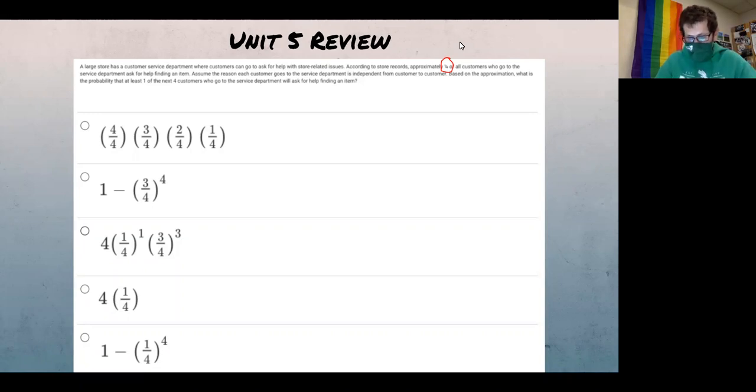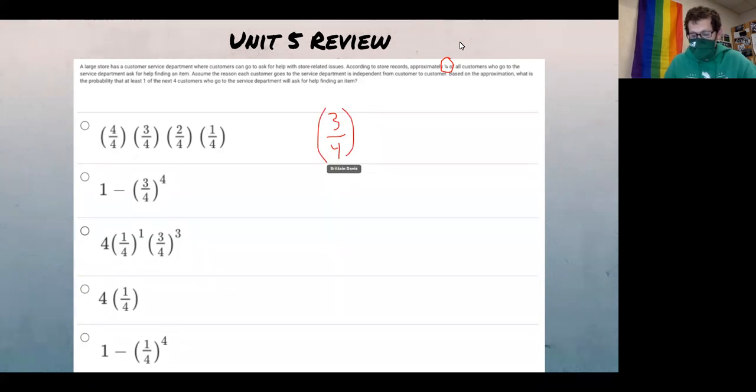The only way that this condition fails is if all 4 people going up there are not asking for help finding an item. So we need to figure out the probability that every one of the next 4 is not asking for help. There's a probability of 3/4.